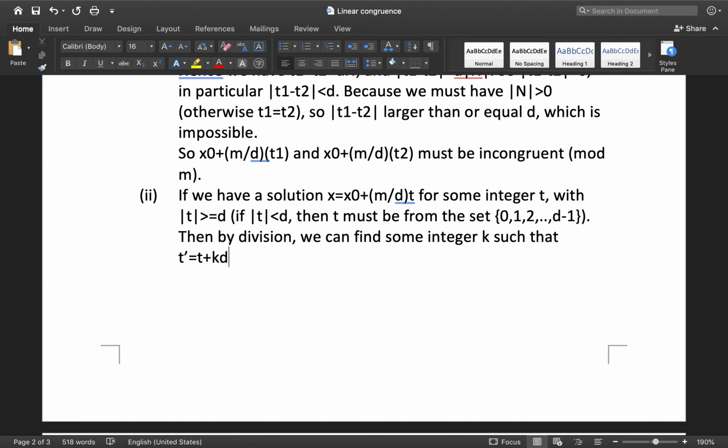If t is very big, then you might have to add some negative multiple of d such that you bring it back to the range within d. Otherwise, if t is very small, then you just add some positive multiple of d. Again, you just bring it back to the range from 0 to d. And the purpose, as I said, is to make sure this t prime is inside this set.